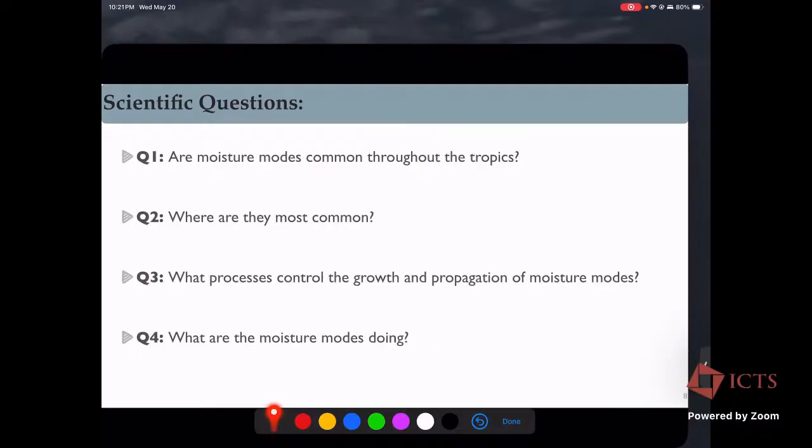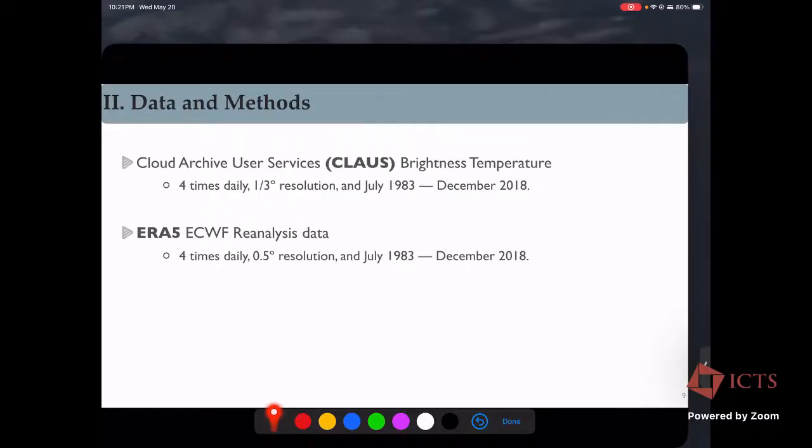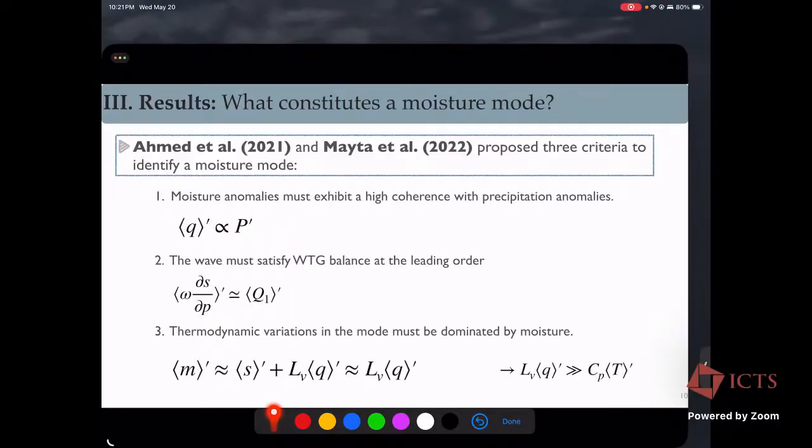And finally, what is the role of these moisture modes in the mean circulation over the tropics. To answer these questions, I used cloud brightness temperature that was shown in the previous animation, and we used ERA5 reanalysis data to discuss the structure and the thermodynamics associated with these disturbances.